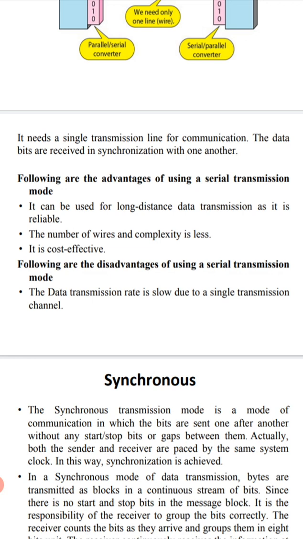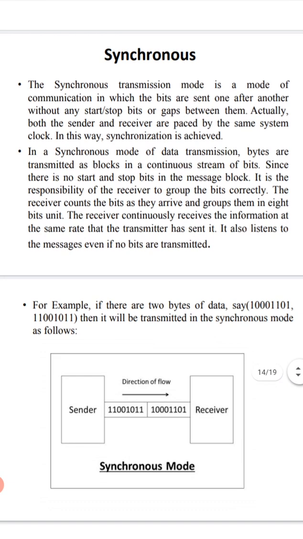Okay. Then synchronous. The synchronous transmission mode is a mode of communication in which the bits are sent one after another without any start or stop bits or gap between them.